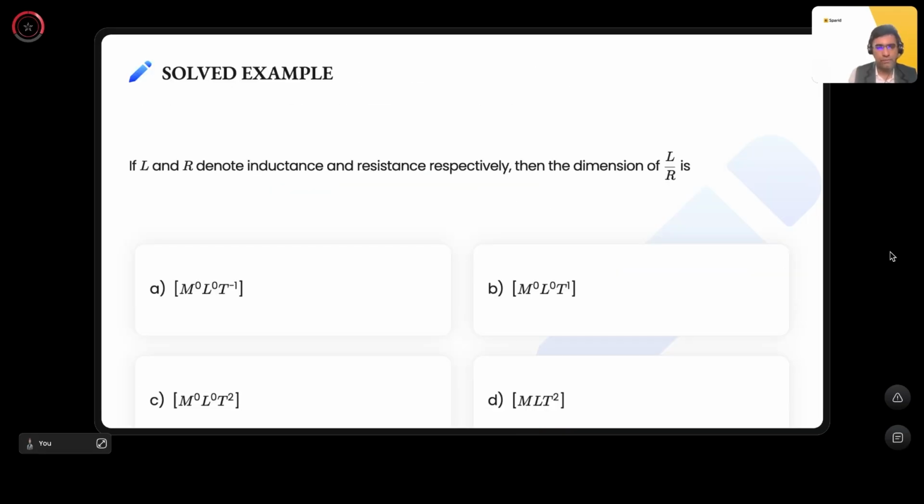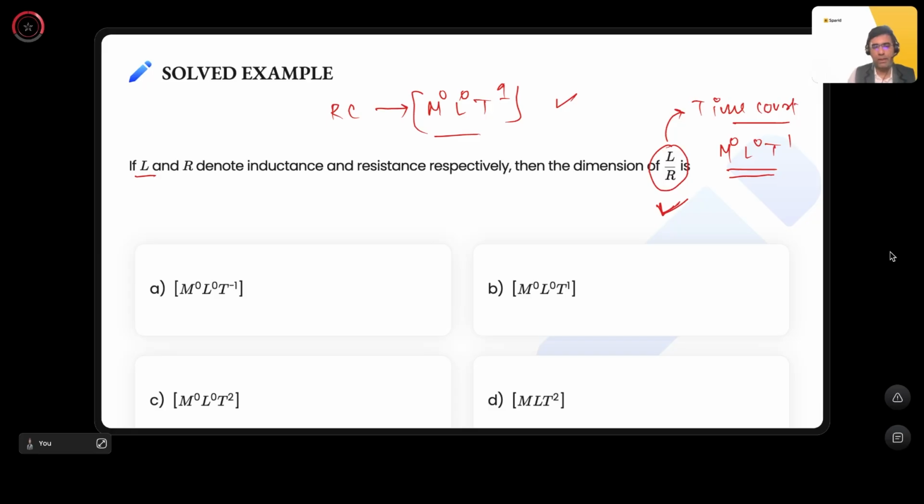Okay, next question. If L and R denote the inductance and resistance, the dimension of L by R, it is the inductive time constant, and it has the dimensions of time only. So it is M0 L0 T1. It's very, very important. Similarly, RC is also the time constant, and its dimensional formula is also M0 L0 T1.